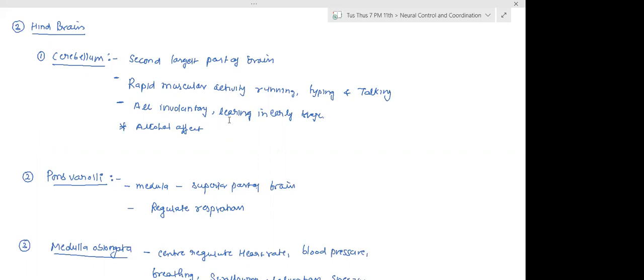Body balance is controlled by the cerebellum, right? If a person has drunk, you can tell that he is affected by alcohol. That's why drink and drive is not allowed, because driving is just balancing the car, and balance is done by the cerebellum, which gets disturbed after drinking. Got it?